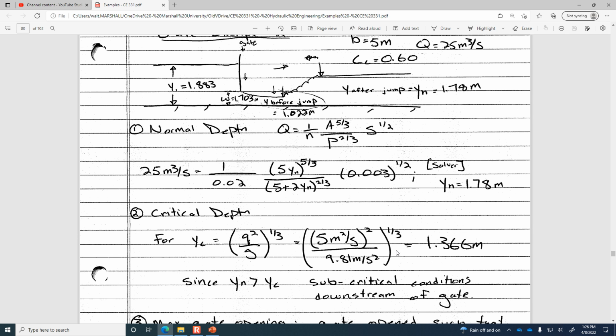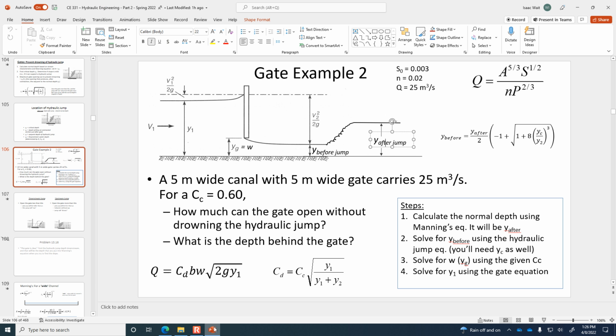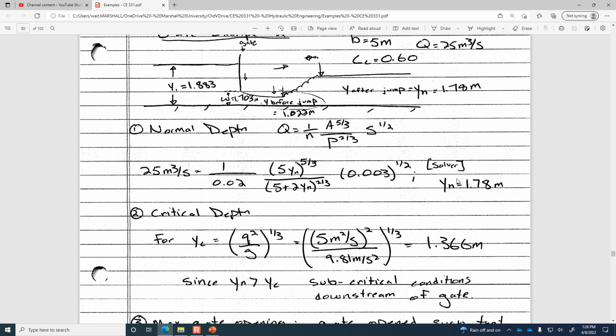So we've got subcritical conditions downstream of the gate. That means there is going to be a hydraulic jump, because the water comes out from beneath the gate at a depth that's less than the critical depth. So this water is going to be going from supercritical flow up to subcritical flow. So there is a hydraulic jump. We know that y after the gate is 1.78 meters.